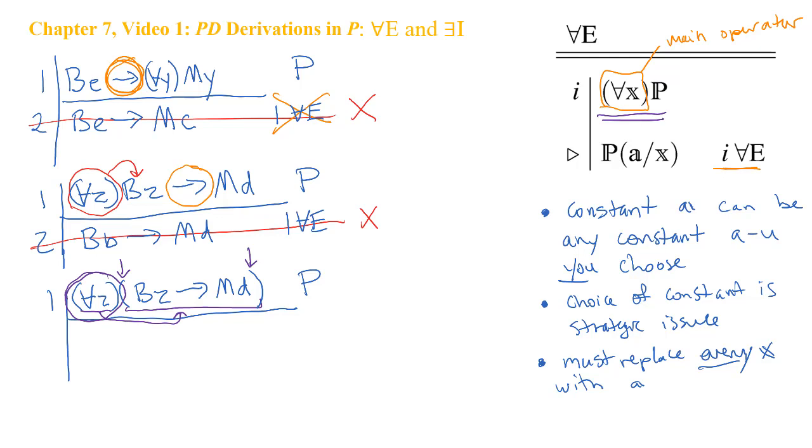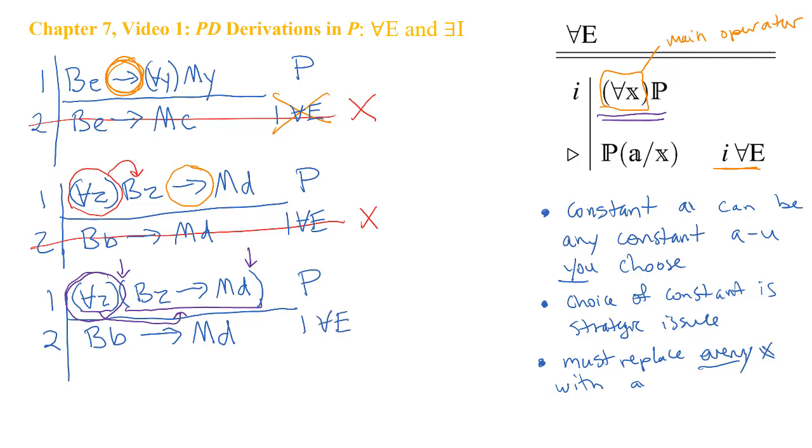So we can apply universal elimination to this line 1. We remove the universal quantifier, replace that z with a b, and since the consequent doesn't contain any z variables, we don't do anything to it, it stays the same.